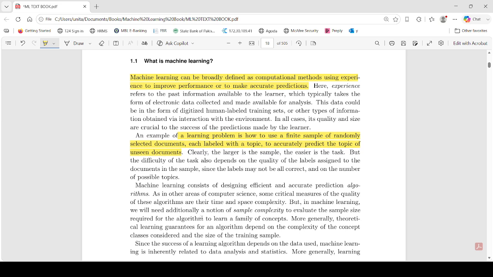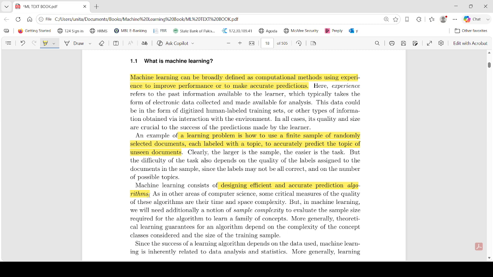So we can say that machine learning consists of designing efficient and accurate prediction algorithms. The main point is that machine learning is basically when you are able to design efficient and accurate prediction algorithms.